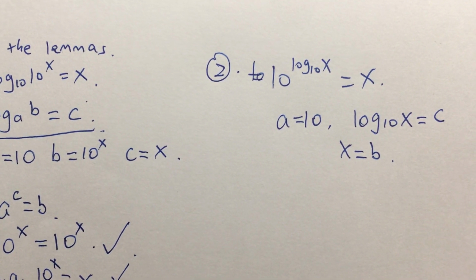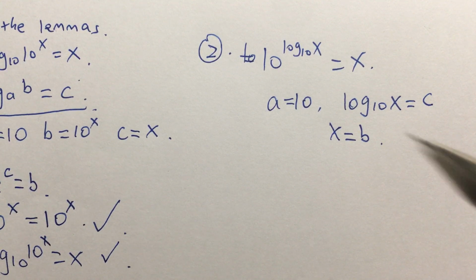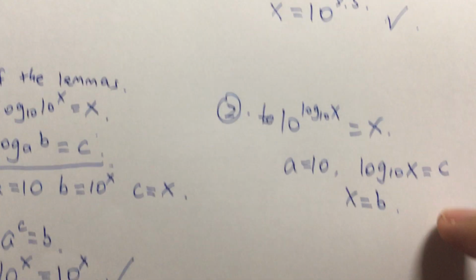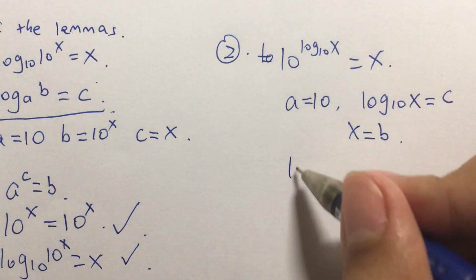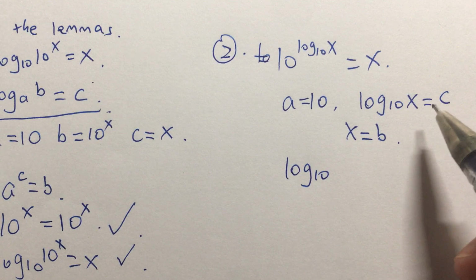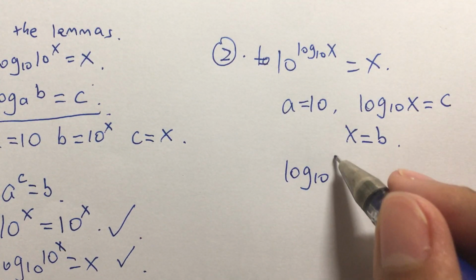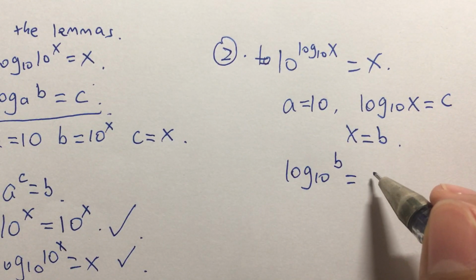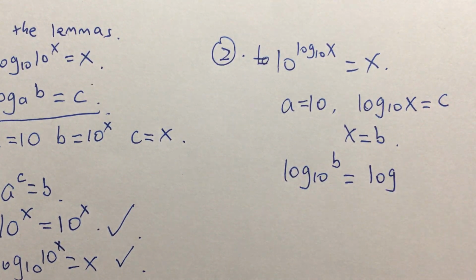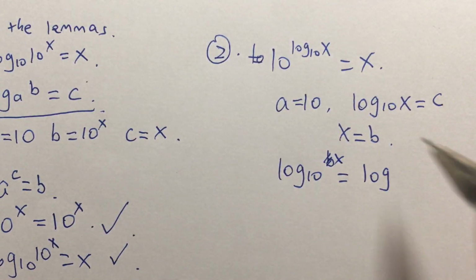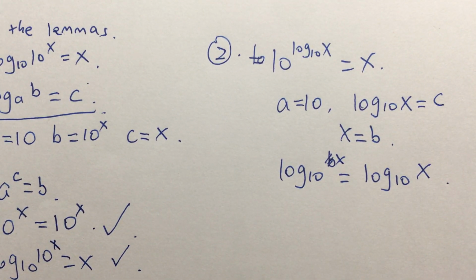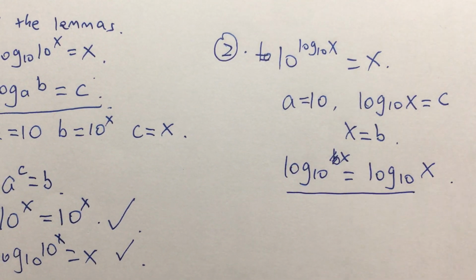And we convert this by using the log_a b equals c form, which means log 10 of 10^x equals log 10 x, which is also correct.